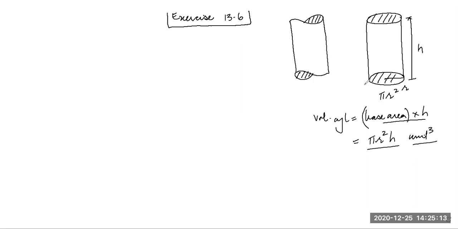All right. Now, students, then comes the curved surface area of a cylinder. If you want to find out the curved surface area of the cylinder, the curved surface area or the lateral surface area in the case of a cylinder is the same.